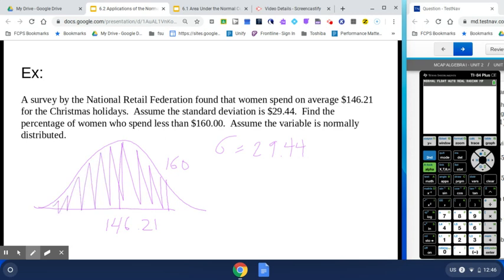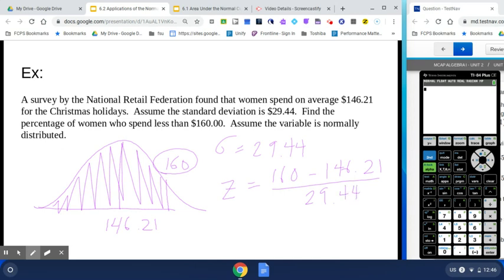Let's go ahead and find the z value that's associated with that value of 160. So we're using the z-score formula. We're going to take the data value, 160, subtract off the mean, $146.21, and divide by the standard deviation of $29.44.